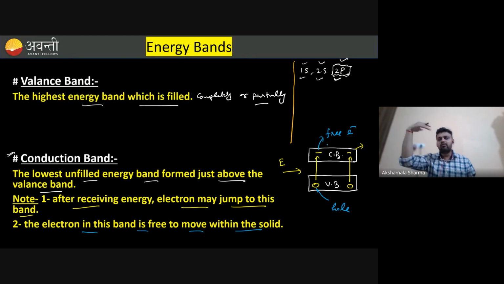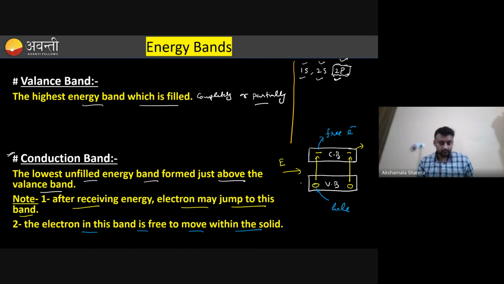What is the valence band? The valence band is the highest filled energy band. And the conduction band is the lowest band which is empty. How can it be represented? Valence band, and there is the conduction band.